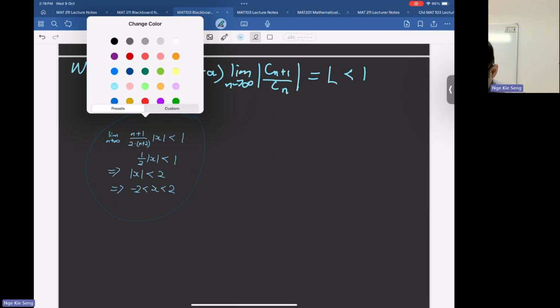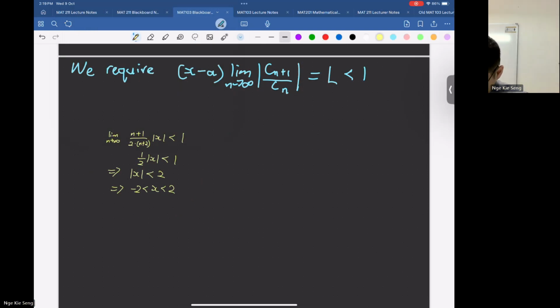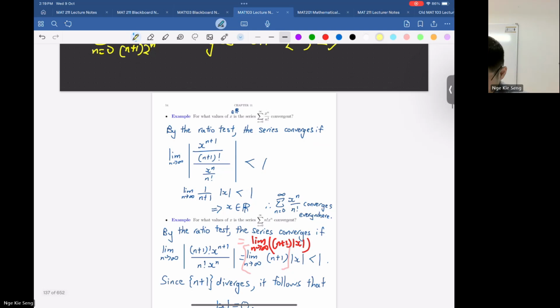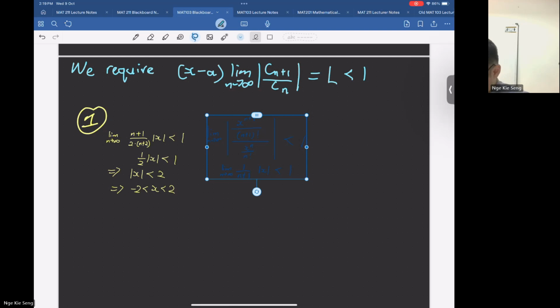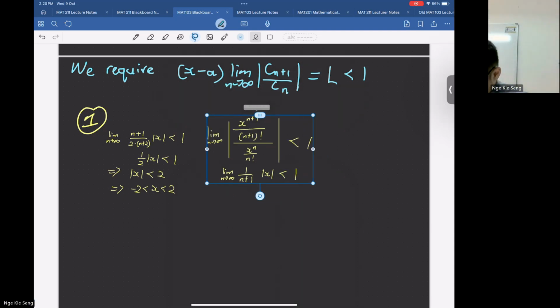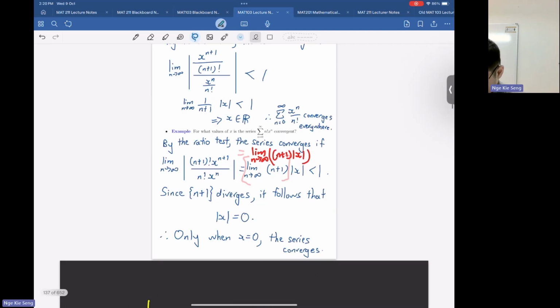This is the first calculation we had just now. And then we have a second calculation, and the third calculation just now.